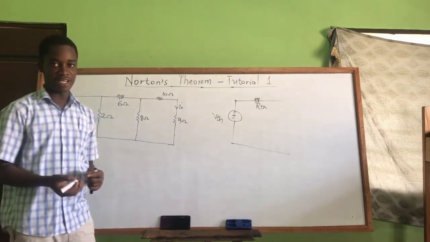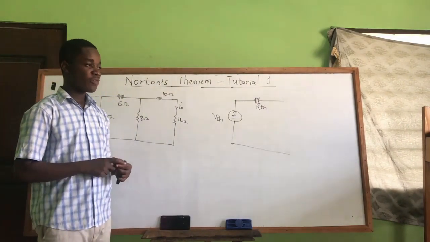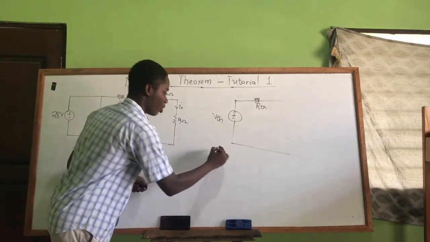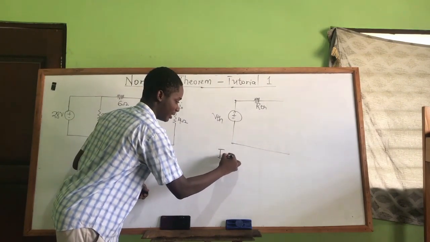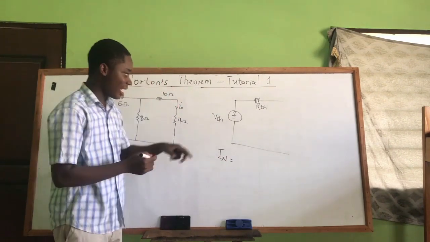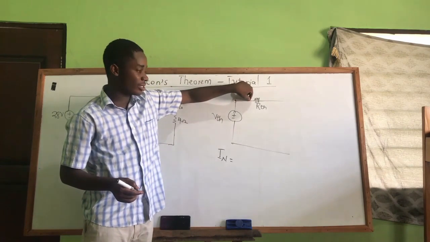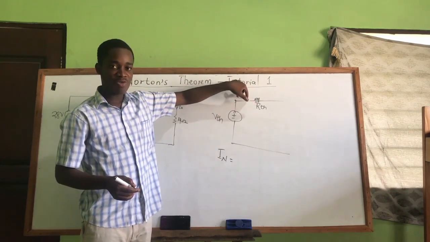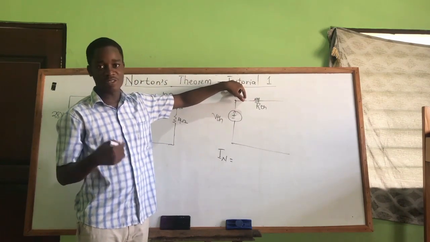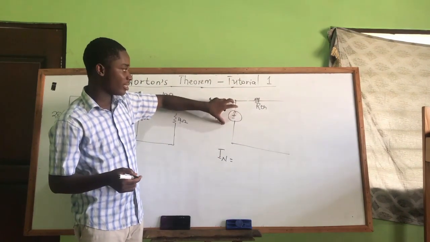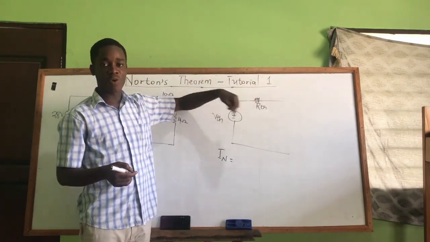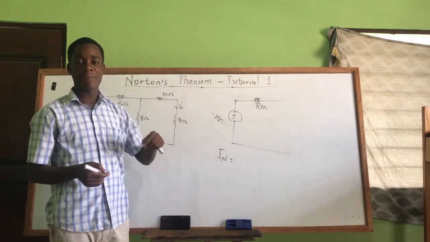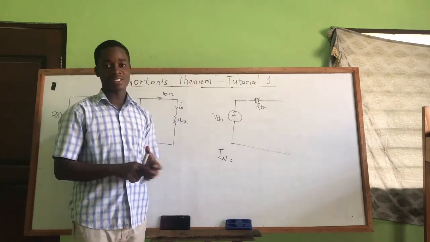Okay, this is the Thevenin equivalent of a network. If I want to find the Norton's equivalent, I need IN. But I can see that this voltage is in series with this resistor. So back to our idea of source transformation: a voltage in series with a resistor can be converted to a current in parallel with that resistor.